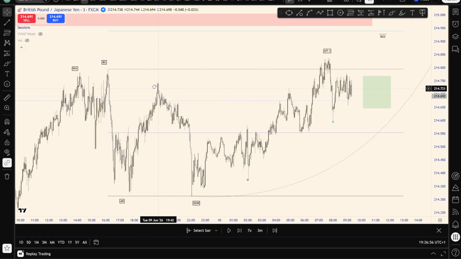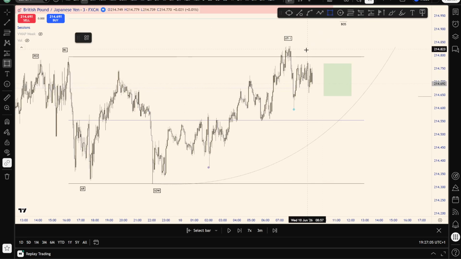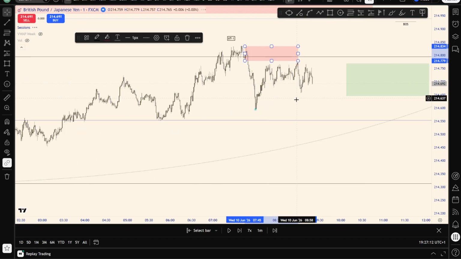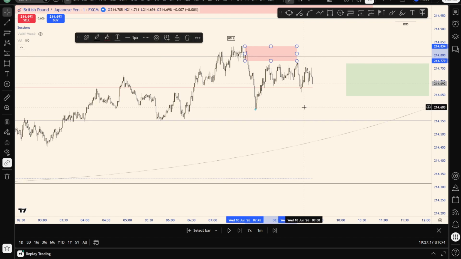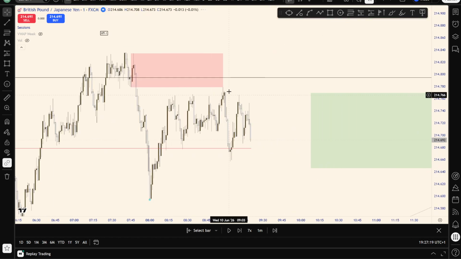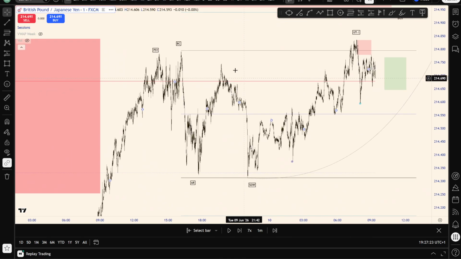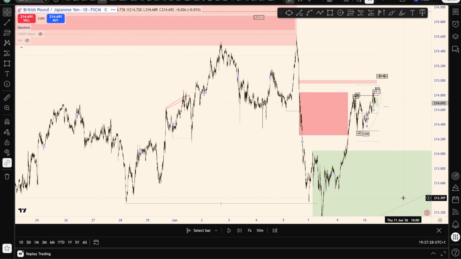Here Asia, London, was swept, and you have supply here, price stepped into the supply. Let's go on that 1 minute time frame. Supply, price stepped into the supply here. Like this is, oh yeah, okay.